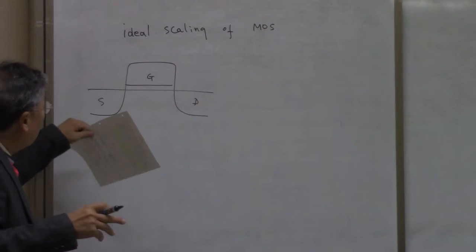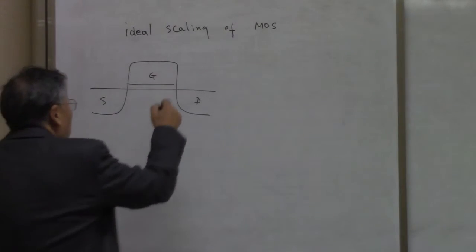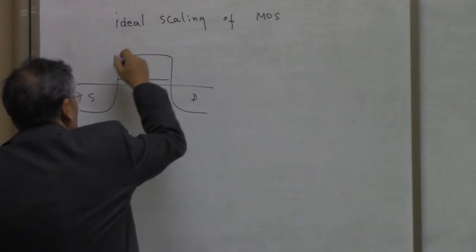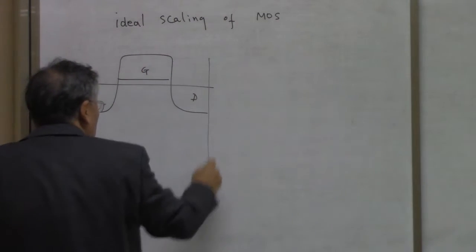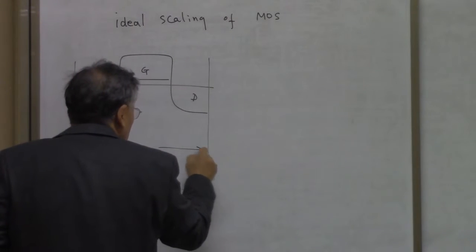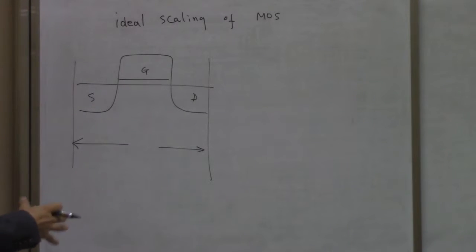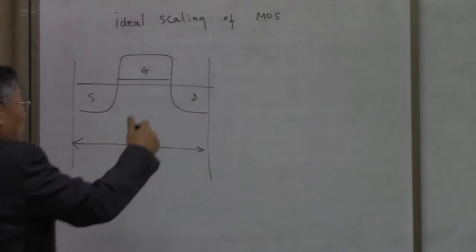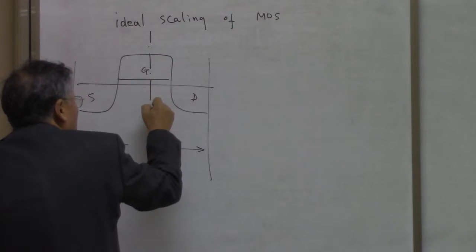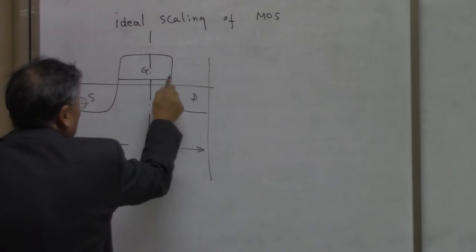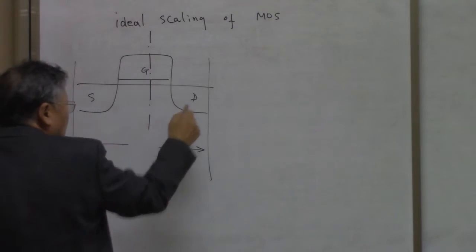But anyway, if you want to scale down the MOS transistors, basically what we want to reduce is the lateral dimensions, right? But if you want to reduce the lateral dimensions, you have to do something on the vertical sections, like gate thickness and gate oxide thickness and source and drain doping.